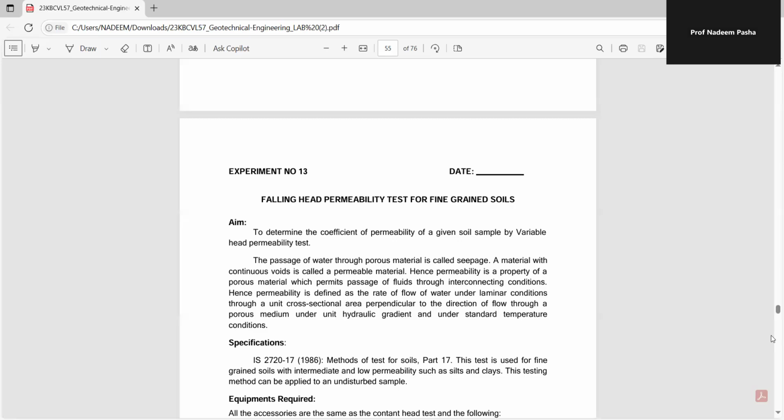Now we will see the specifications. What are the specifications we need to understand?